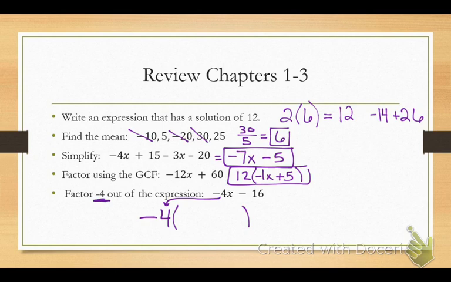So what's negative 4 divided by negative 4? Positive 1, and then bring down your x. Do you even have to write the 1? No, it's understood when it's positive. What's negative 16 divided by negative 4? Positive 4. So look what happens, guys. Negative 4 times positive 4 gets me back to my original number, and that's what I wanted.